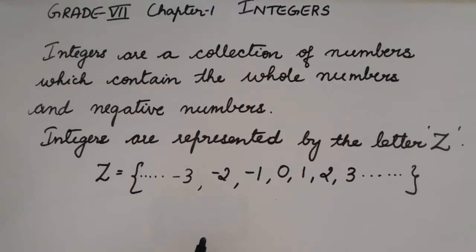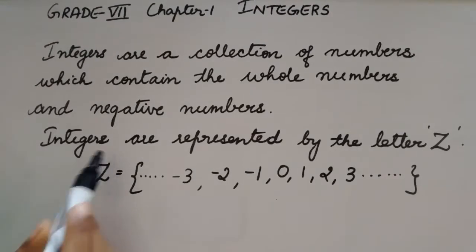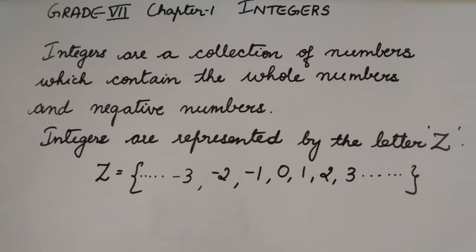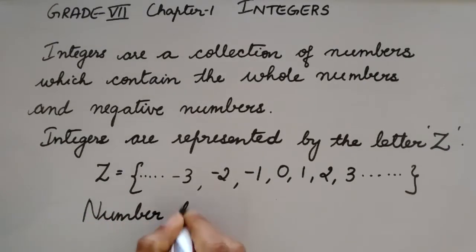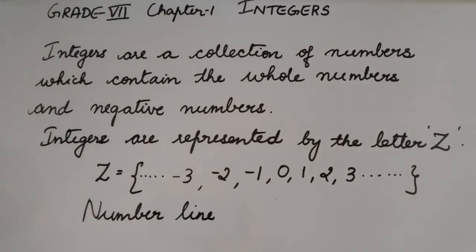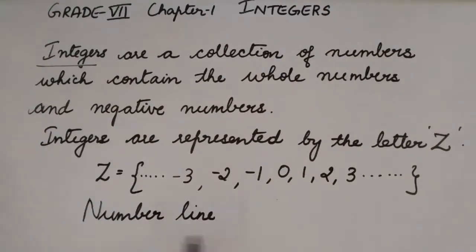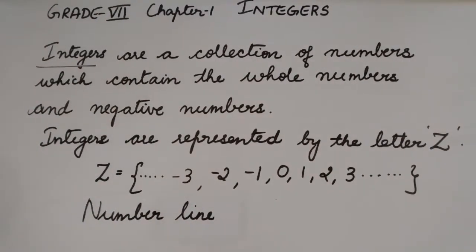Now next, let us learn to represent integers on a number line. You have heard about the number line, isn't it, students? Yes, now let us learn how to represent integers on a number line.